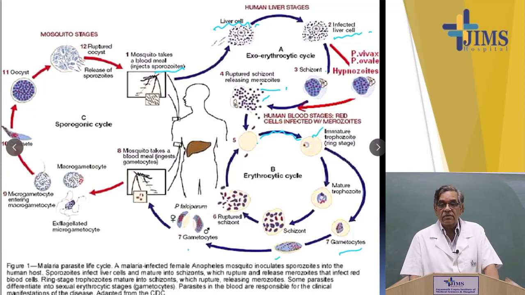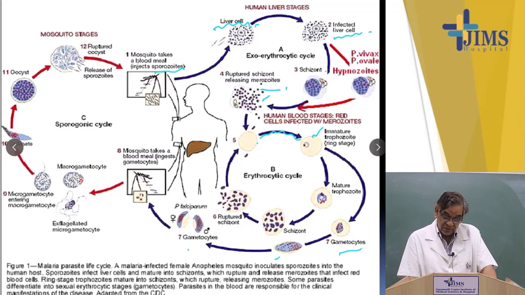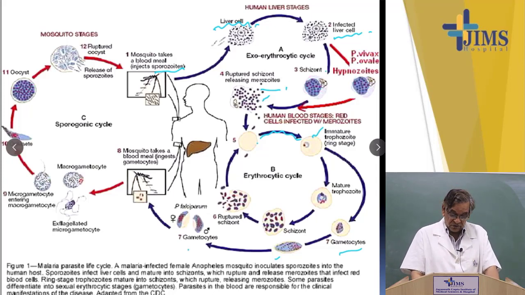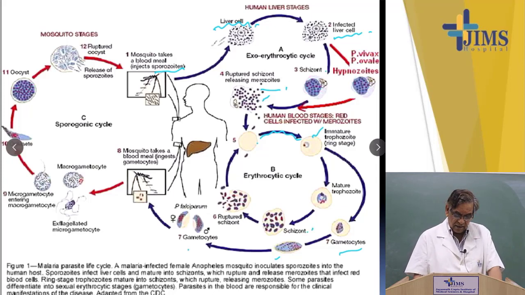And some of the parasites in the RBC, like the ring stage or immature trophozoite, then become a mature trophozoite, then a schizont and keep multiplying, and then the cell increases, it ruptures, and the ruptured schizont again releases merozoites, and this cycle keeps continuing.